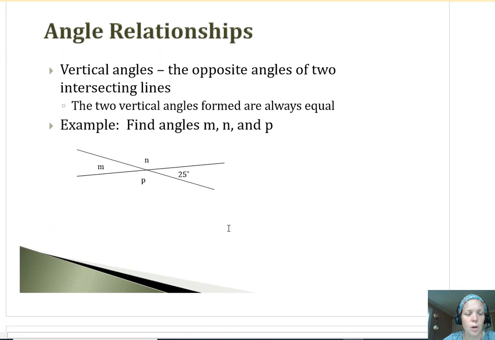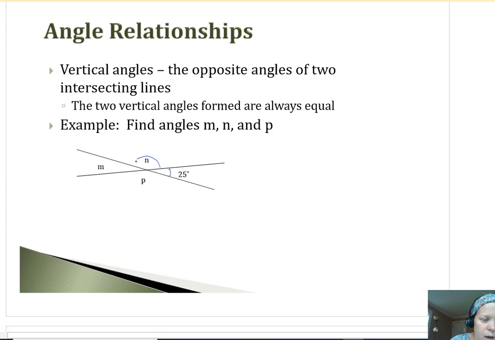Now a couple more angle definitions, and this can come in handy if you're laying something out and you might know the angle in one spot. You can a lot of times use these definitions to figure out the angles in other spots. Like this one, 25 is that angle on the right side.